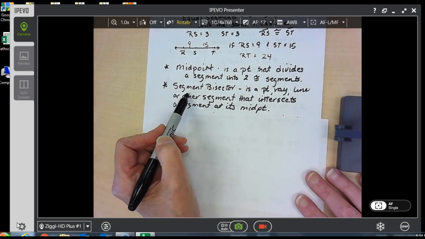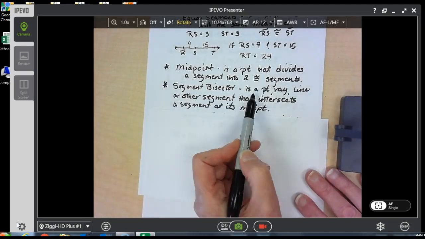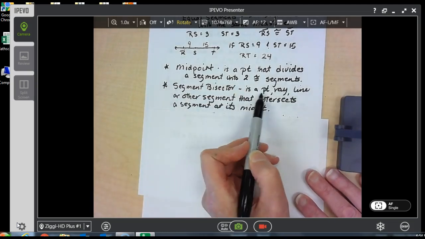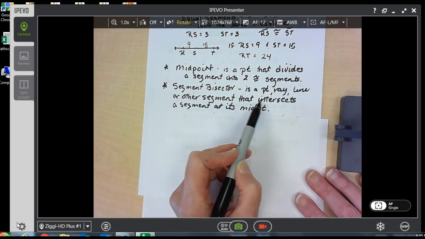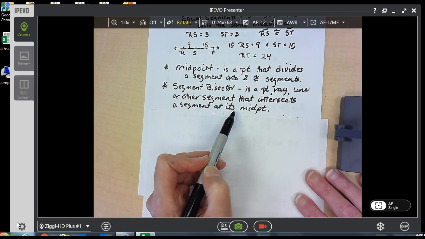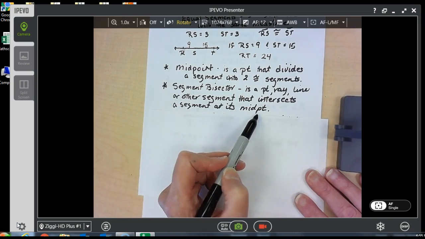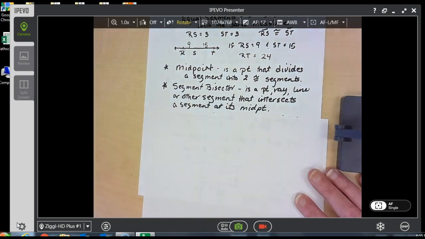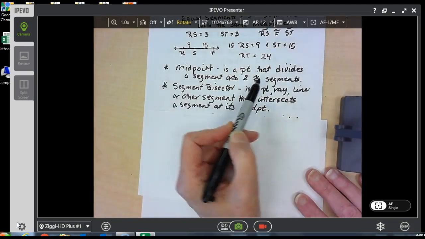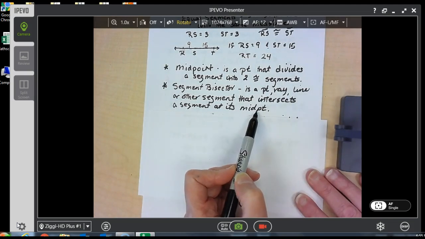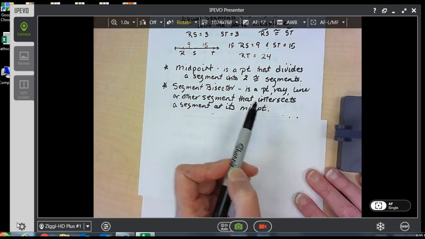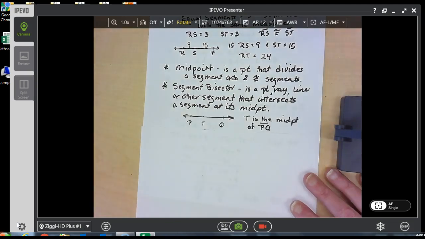It differs from segment bisector because a segment bisector is a point, ray, or line or other segment that intersects a segment at its midpoint. So the segment bisector is in the middle of the segment and divides it into two congruent segments because it uses the term midpoint. So a lot of our terms use other terms.